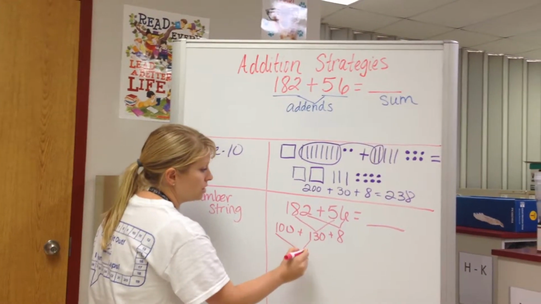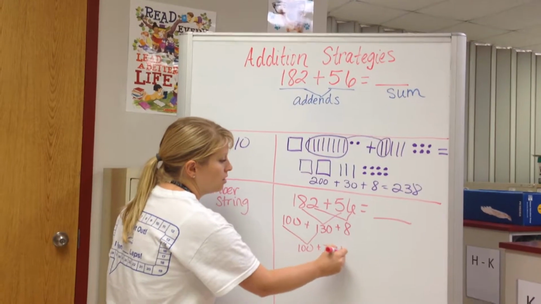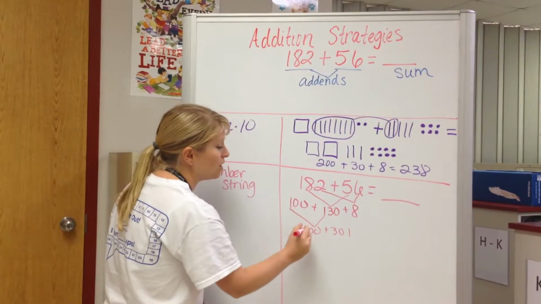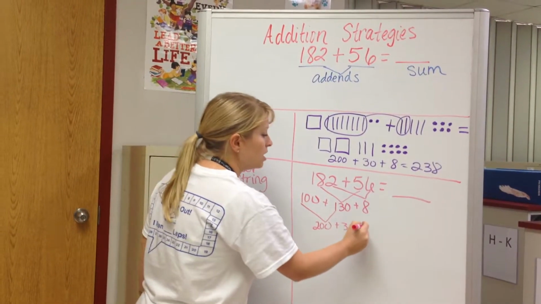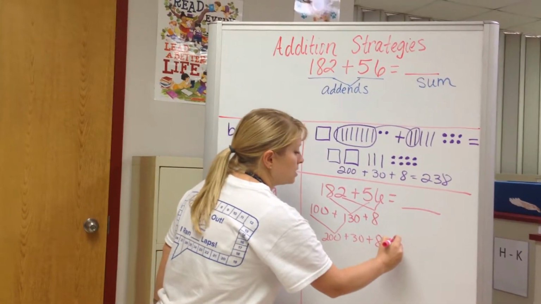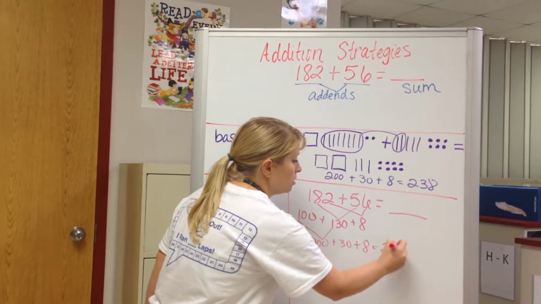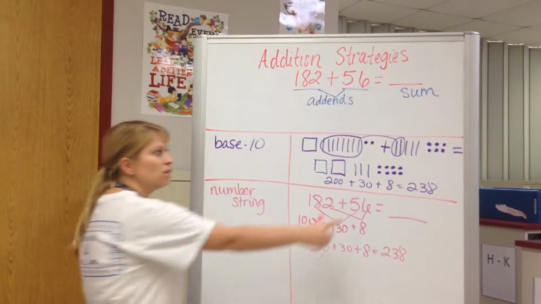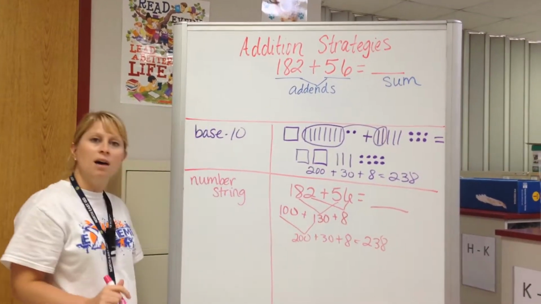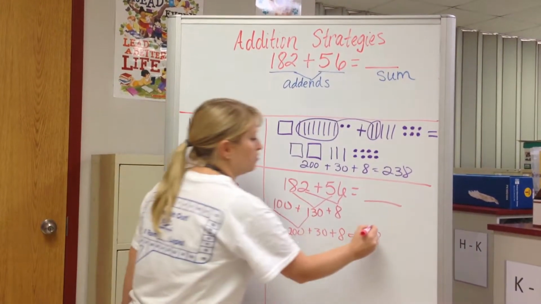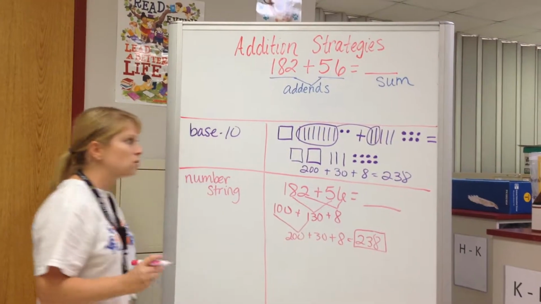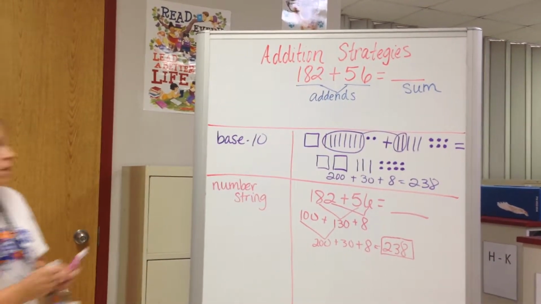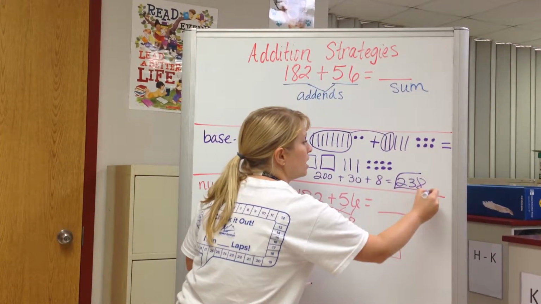Here's 100 plus 30, 100 plus 100 is 200, plus 30 plus 8, and that sum is 238. Notice I got the same sum in both of these. This is my answer. I should have boxed it, because remember we box our answers. So that's my second strategy.